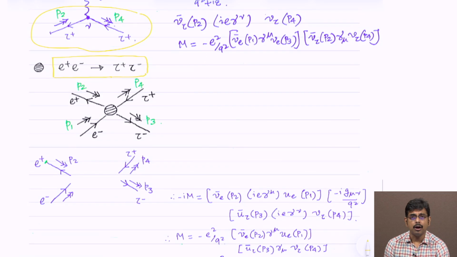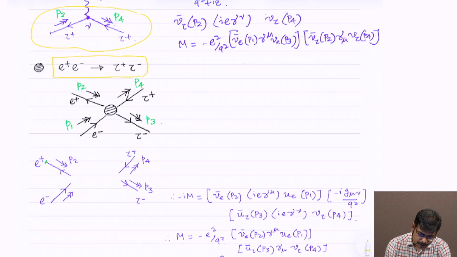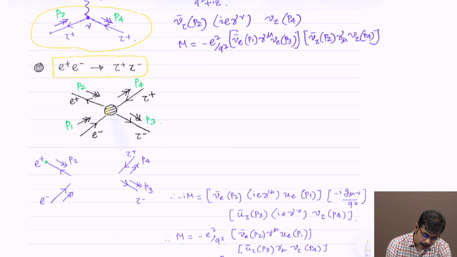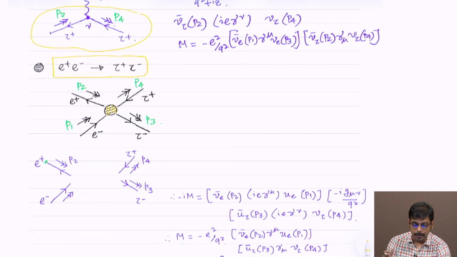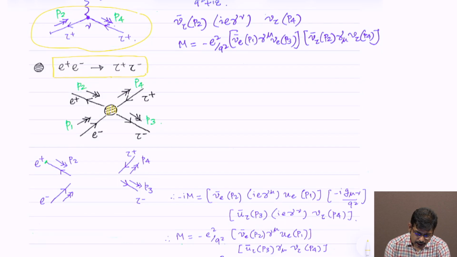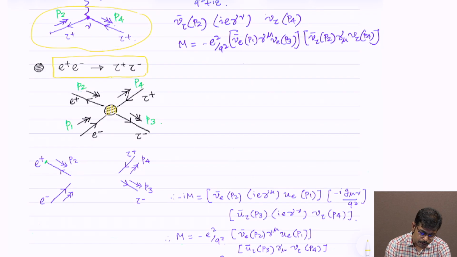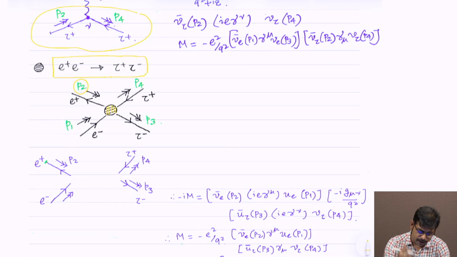Once again, how to do this? I am going to draw the rough graph using this unknown vertex, and then I will stitch it following my QED dictionary. So, I have the external legs, like you have first the positron with a momentum P2, say for example, where the momentum is flowing toward the vertex, but the fermion flow is going out of the vertex.